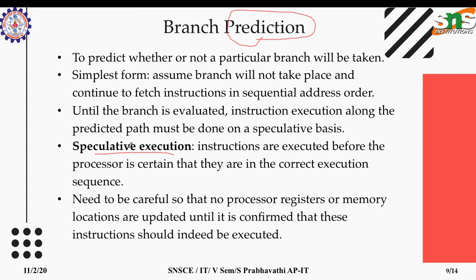While on speculative execution, we may not know whether the speculation is right or wrong, so only after getting the branch result will we know. If it is right, then only is it allowed to update the processor and the memory.